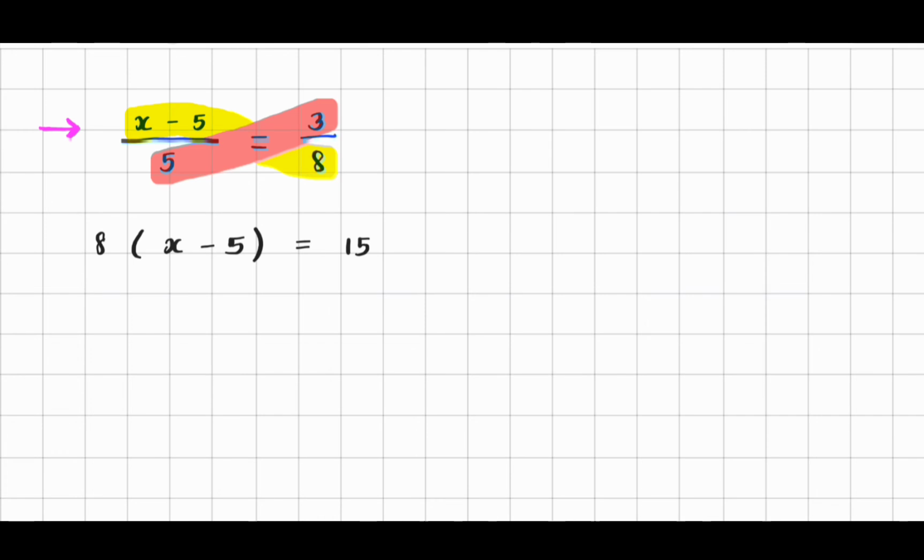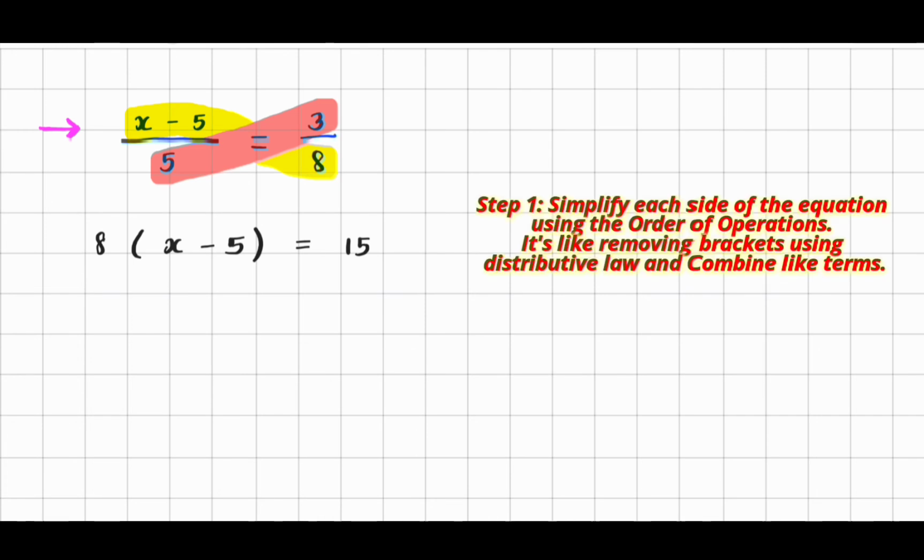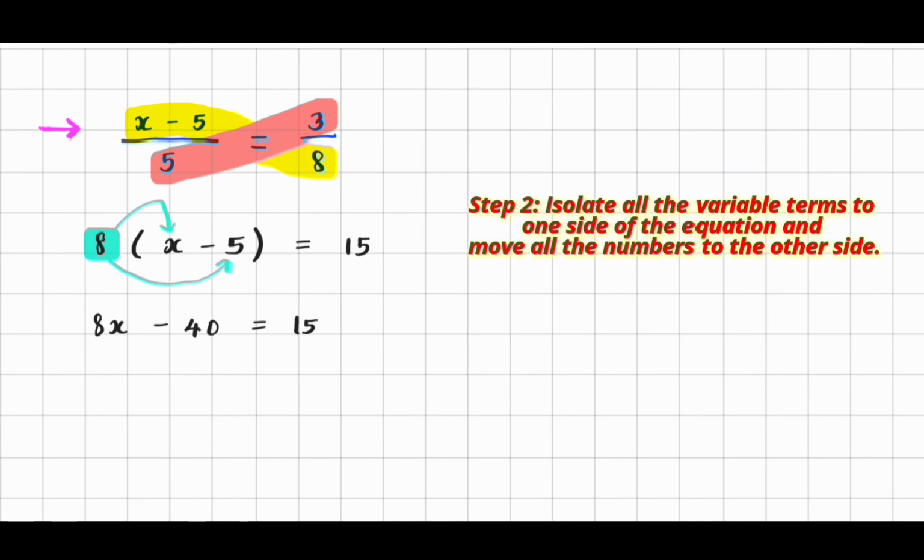Now, like solving a linear equation with one variable. Step 1. Simplify on both sides, like removing brackets using the distributive law and combining like terms. So I'm going to go ahead and distribute this 8 to each term inside of my brackets. So 8 times x is 8x and 8 times negative 5 is negative 40, which equals 15. Now step 2.